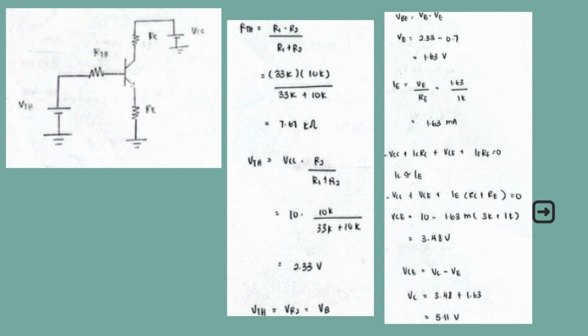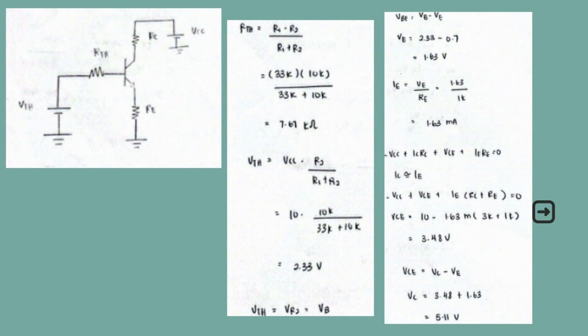So first of all, we need to find RTH. RTH we can get by paralleling R1 and R2. Therefore, we get 7.67 kilo ohm. After that, we need to find VTH.